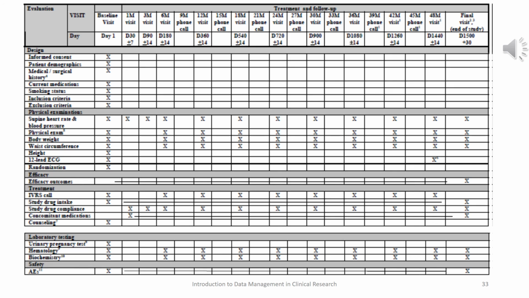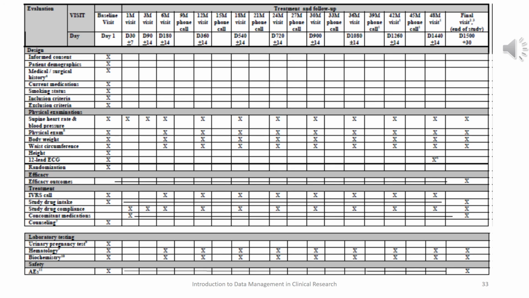If we look there, for example, where it has body weight, which is right there under physical examinations, it's the third row on that list. You can see where we're going to check their body weight at the baseline visit, and then we're going to check it at the 6-month visit, 12-month visit, 18-month visit, and so on.